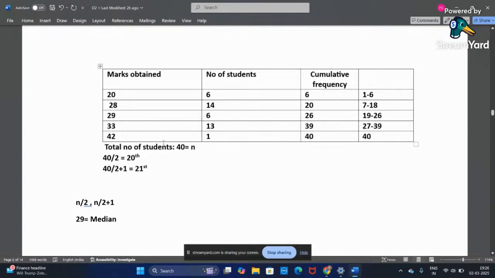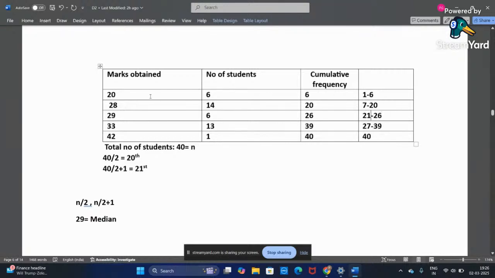Okay, in this case the 20th student will lie between this row. Let's change this also: 7 to 20, 21 to 26. Okay, here they have given the 20th and 21st students.